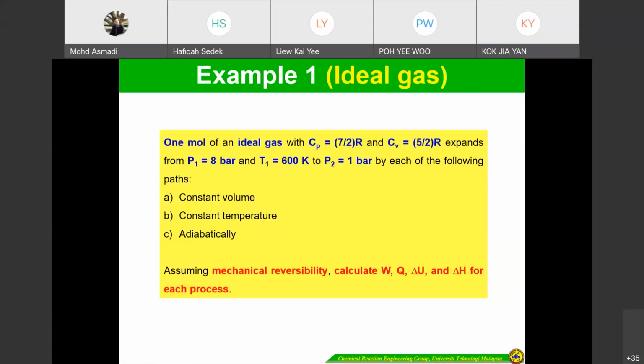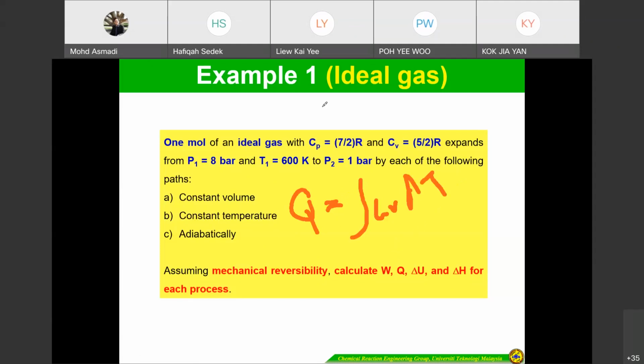You have to calculate the delta U and delta H, right? Can you calculate? So from this one, if constant volume, Q is equal to delta U, CV dT. Right? Isn't it?